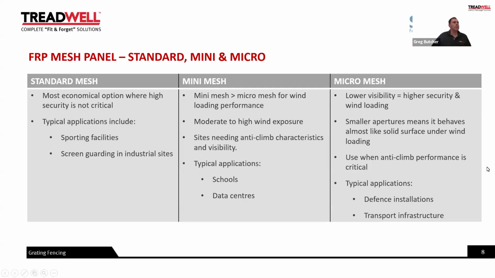So that's really just different options depending on what the site-specific requirements are, depending on proximity to the infrastructure you're securing, and depending on other factors such as what the wind loading might be or what anti-climbing requirements might be, etc. So we've seen the product used in a lot of different applications other than rail, but they typically always have some corrosion resistance or electrical or conductivity requirement to them.